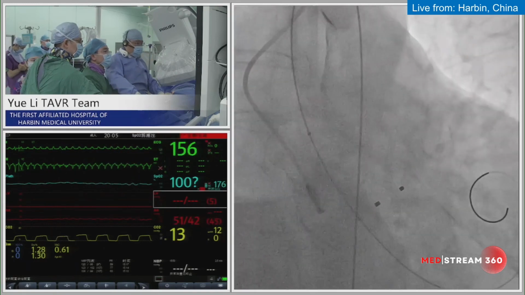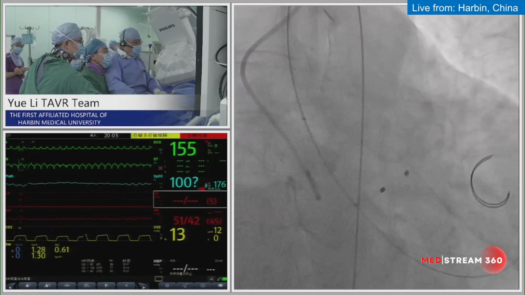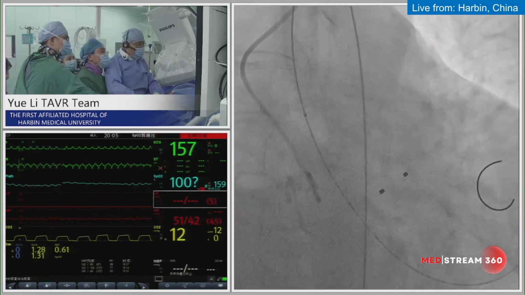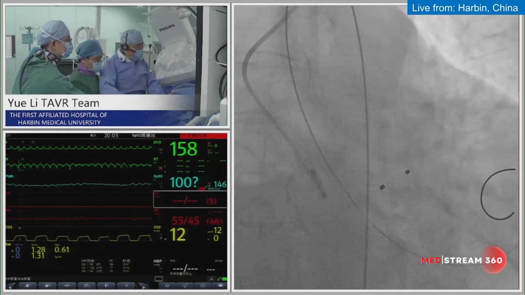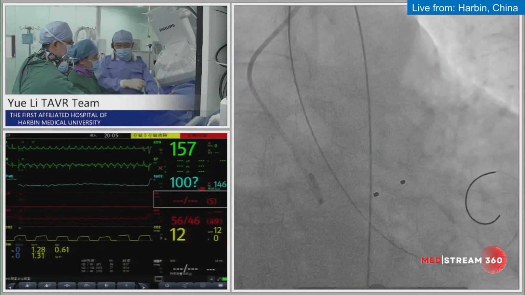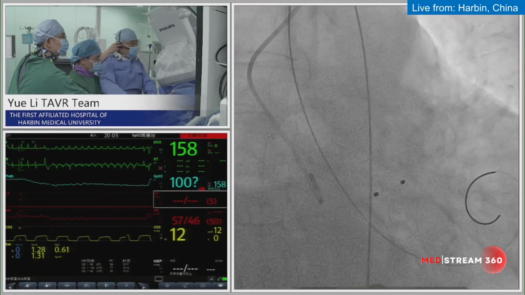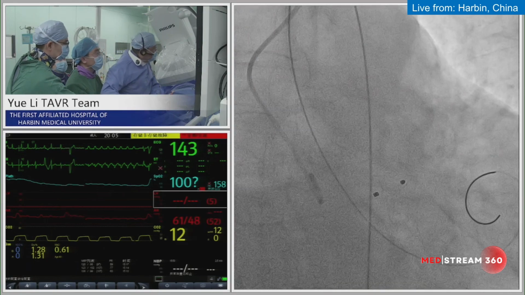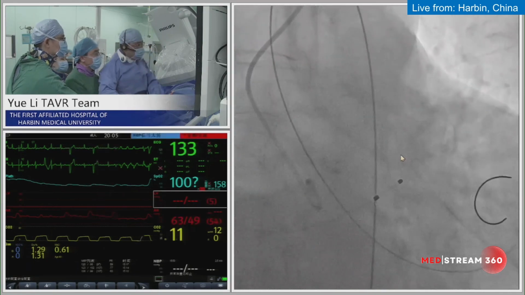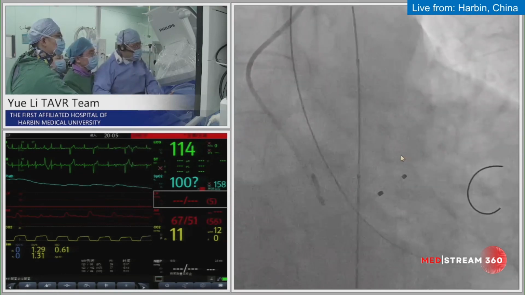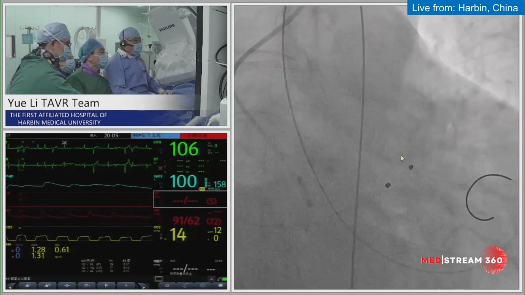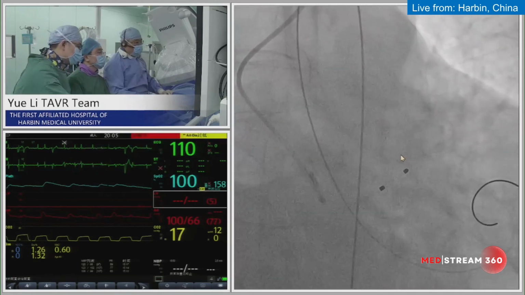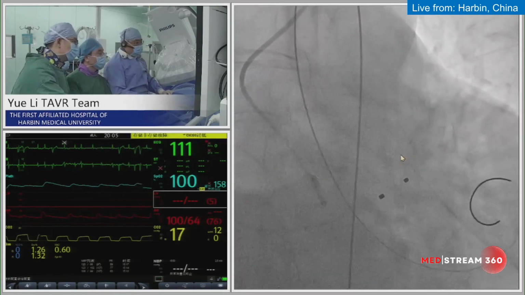From the angiography, we think the balloon dilation performance is great. Do you have the same comments, Dr. Sun? Pacing stop. Dr. Sun, do you think the balloon dilation performance is great?